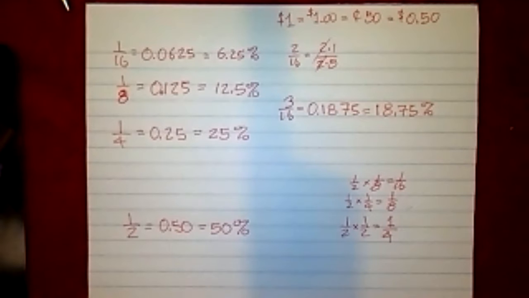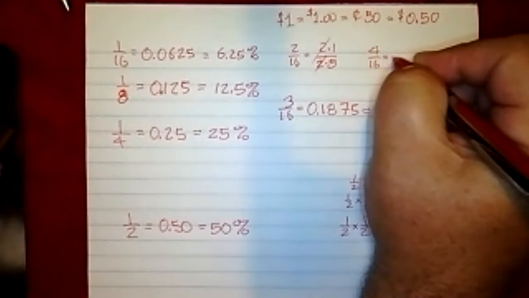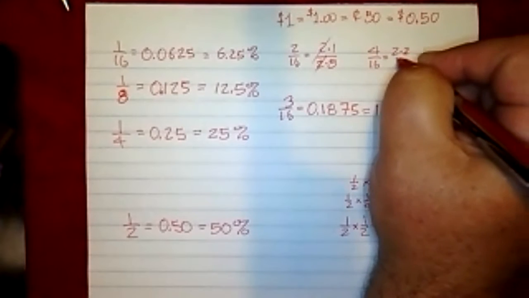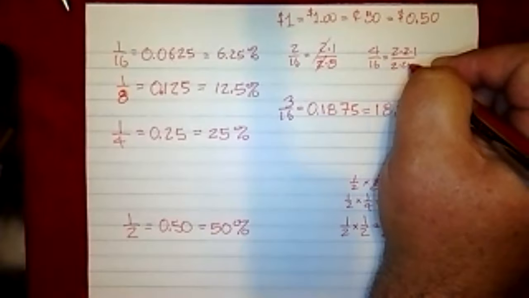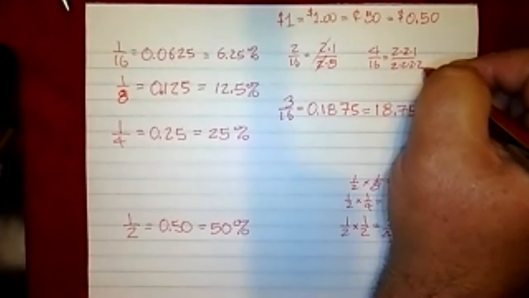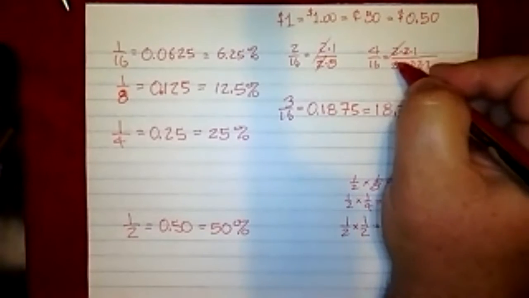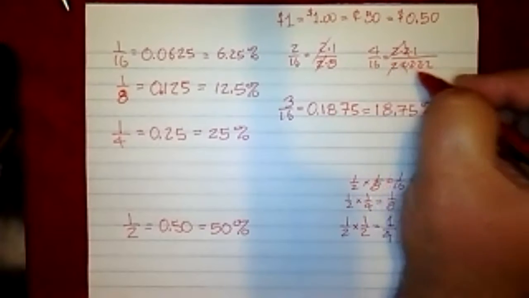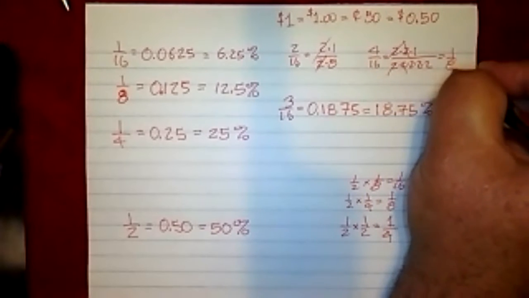What about 4/16? Well, 4/16 is the same thing as 2 times 2 times 1 over 2 times 2, which is 4, times 2 times 2, which is another 4, times 1. So I think you can see that this 2 and this 2 will cancel out, this 2 and this 2 will cancel out, and I'm left with just 1 over 2 times 2 times 2, which is 1/8.